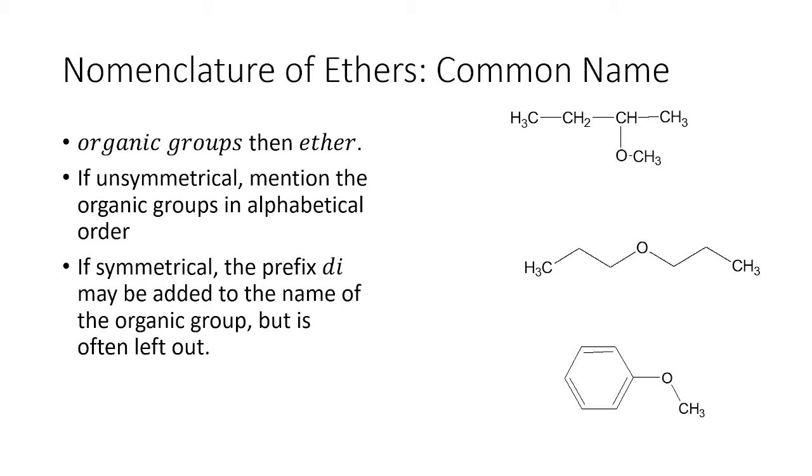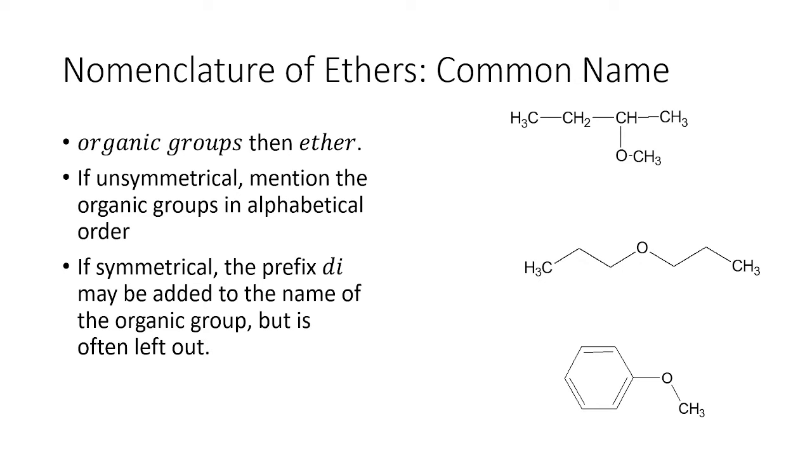But when they are no longer simple, we start to have a problem. So, for common names of ethers, we just mention the organic groups, then write the word ether. If we have unsymmetrical organic groups, we mention the names of the organic groups in alphabetical order.